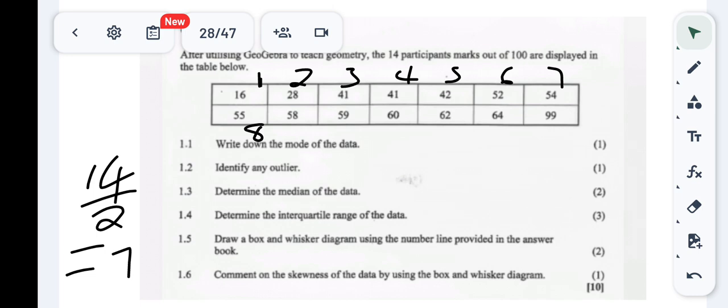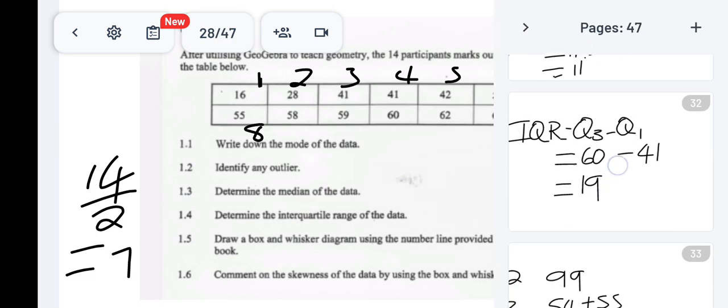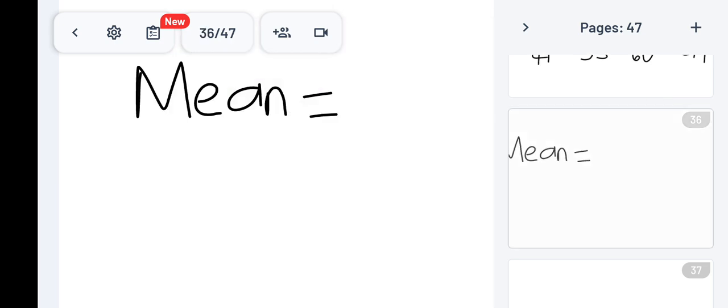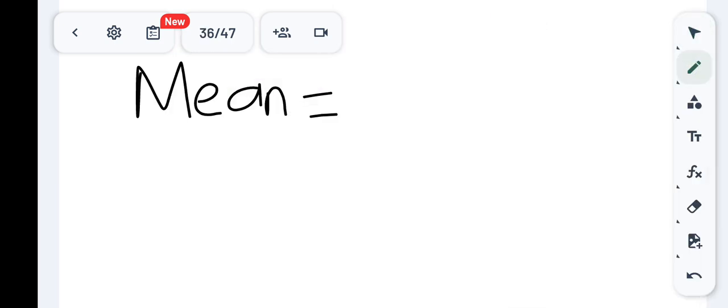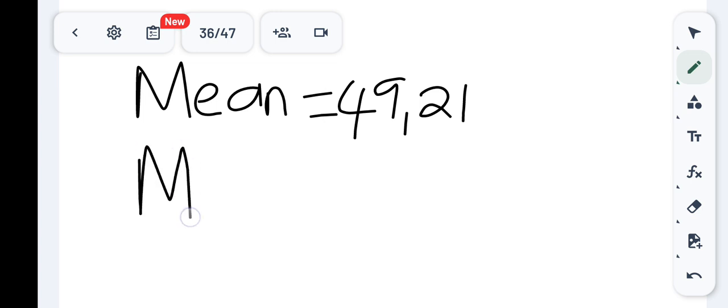So my mean, the average, is equal to 49.21.